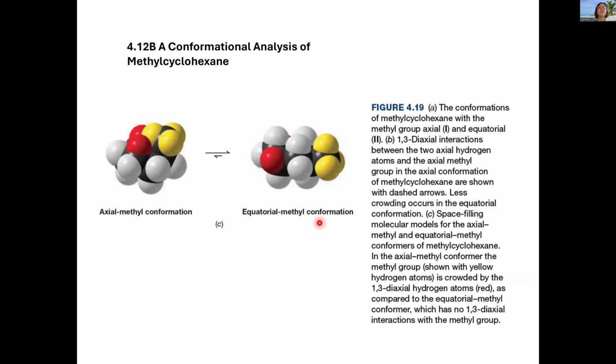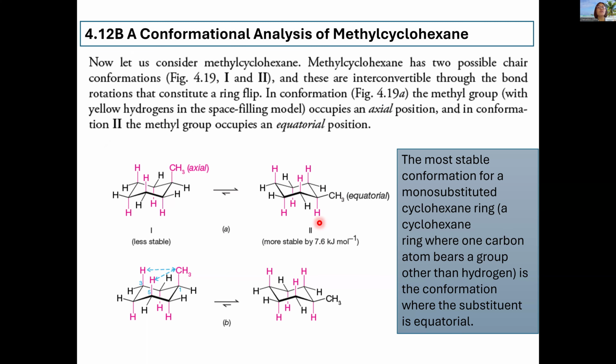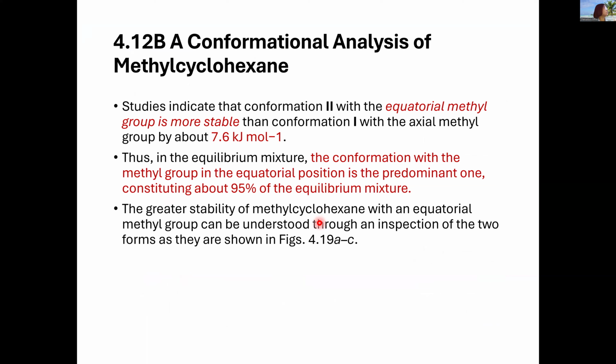It depends on you. Okay, and because of that, you have to choose the conformation that will bring more stability to your molecules. In this case, the equatorial methyl conformation is more stable, at 95%.